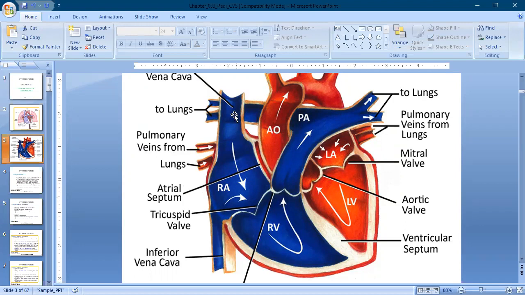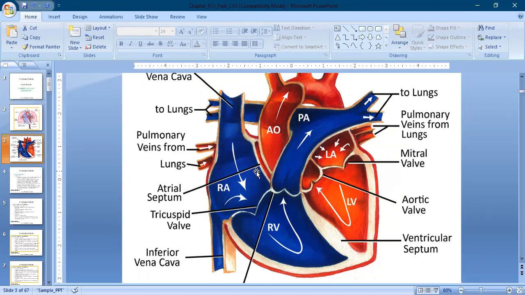As I told you, this side's blood contains carbon dioxide, but this side's blood contains oxygen, right? This side's blood is just collected from the body, and this side's blood is distributed to the whole body.